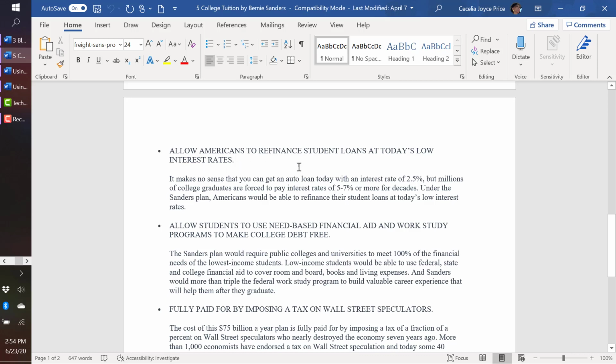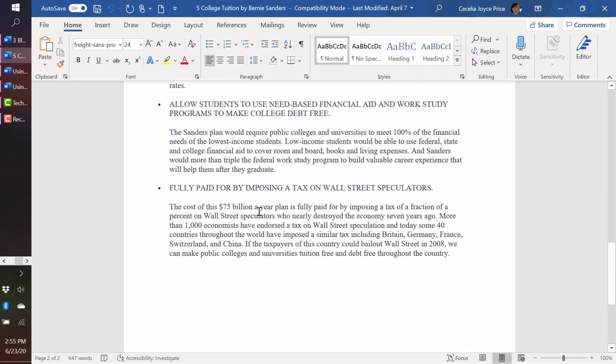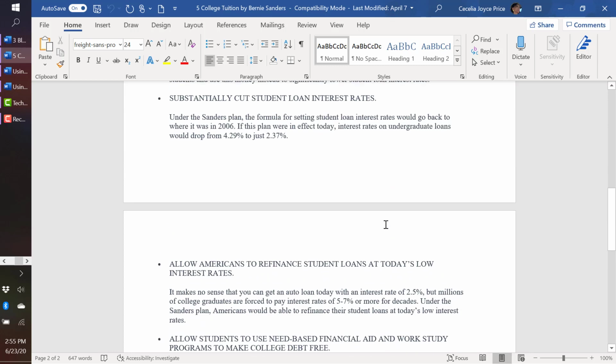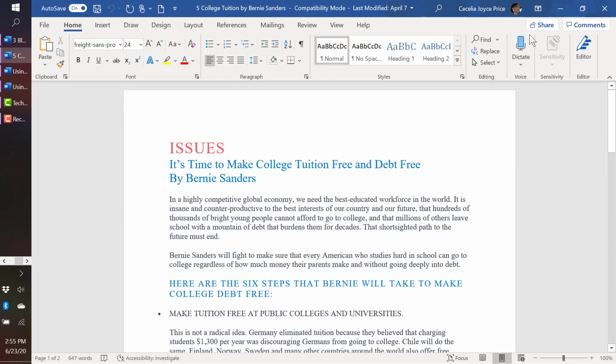Allow Americans to refinance student loans at today's low interest rates. He gives an explanation for that as well. Allow students to use need-based financial aid and work-study programs to make college debt-free. He explains that one. And then his last approach of the 6 is he would pay for this fully paid for by imposing a tax on Wall Street speculators. That's how he would pay for this whole plan. Okay, so that's our concept in a nutshell.